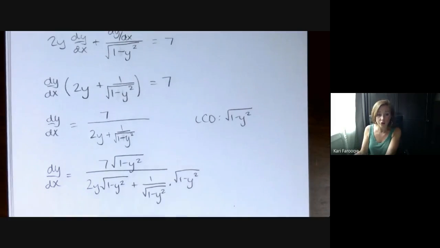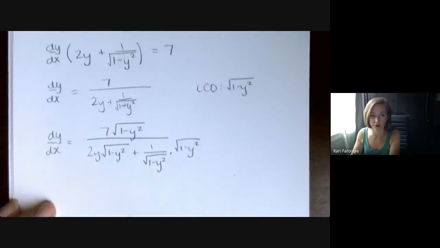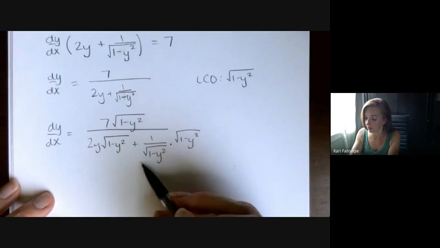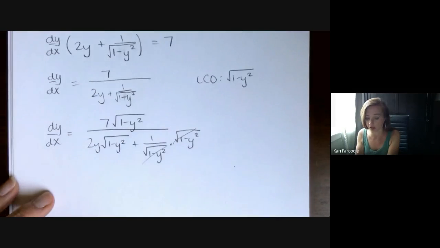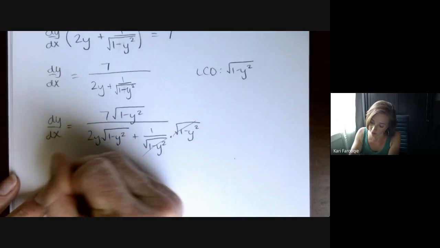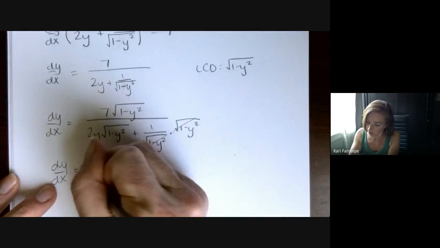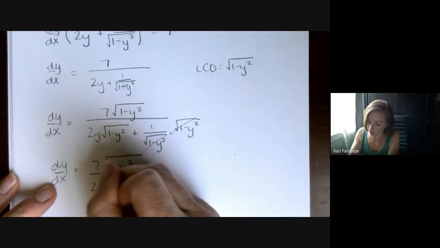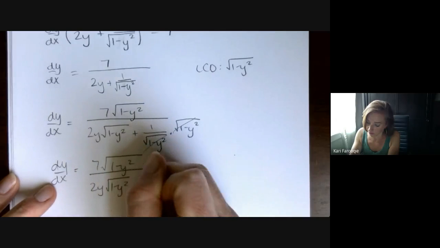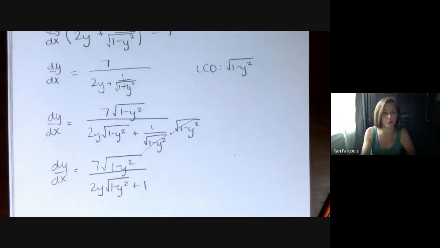Now, if you want to show every single step, this is what that would look like. If you feel comfortable just automatically saying, okay, obviously those two are going to cancel, that's fine. I don't need to see every little tiny thing. Obviously the whole point of multiplying by the LCD is to get rid of that denominator. And we should end up with this.